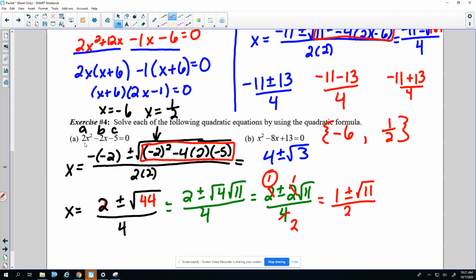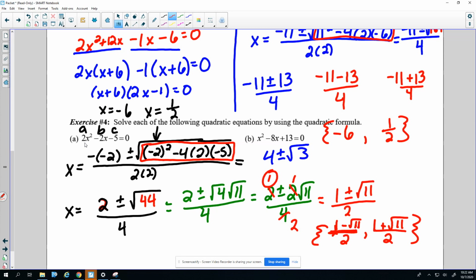So on Delta Math, if you were entering this answer, you would want to do 1 minus radical 11 over 2 and 1 plus radical 11 over 2. So you have to enter them as those two separate answers. So just make sure you're aware of that.